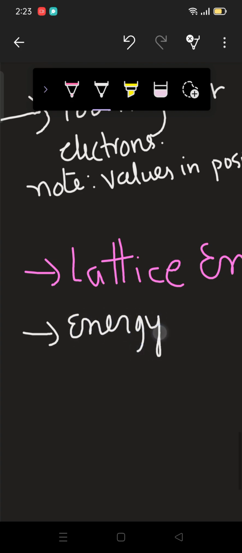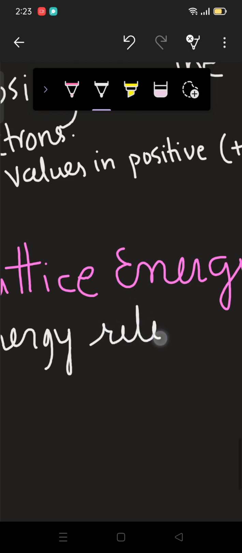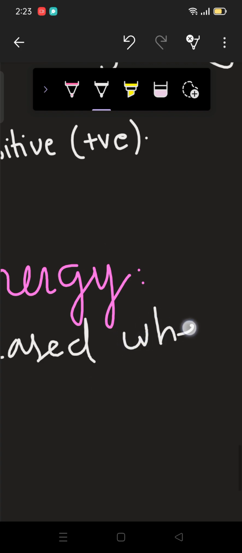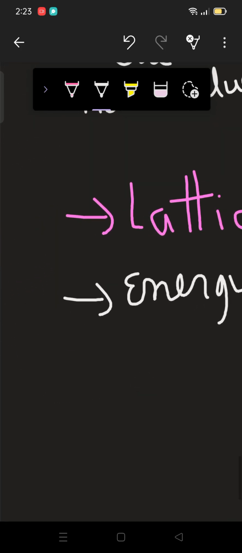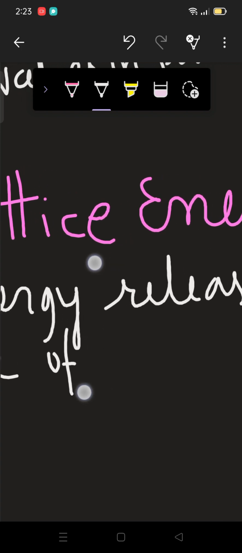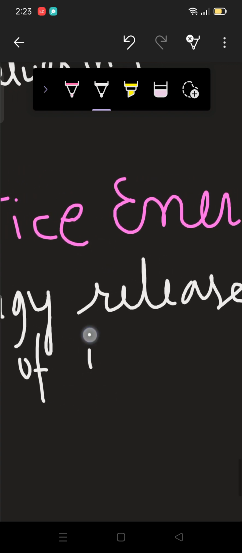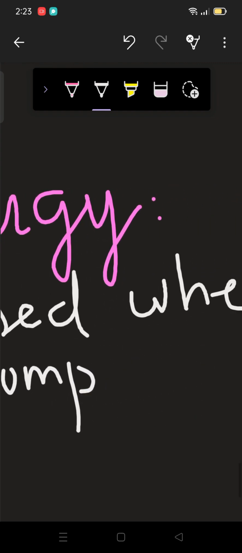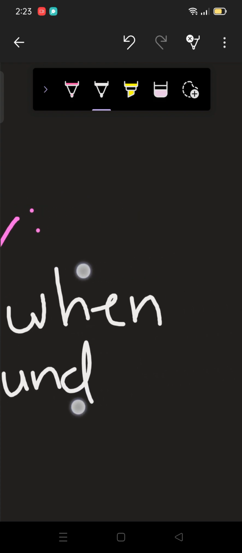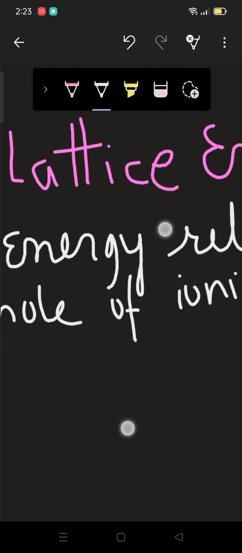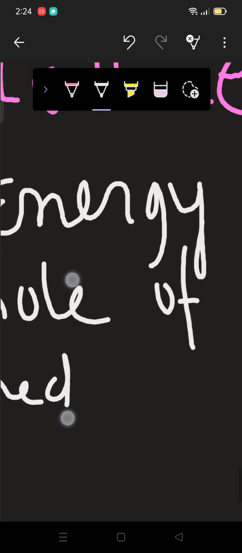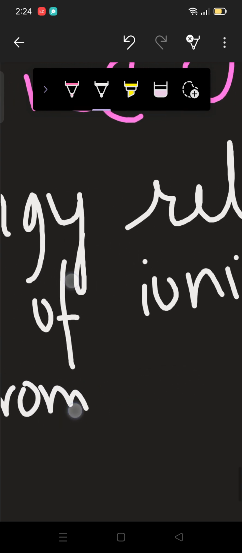Energy released when 1 mole of ionic compound is formed from the gaseous ions.